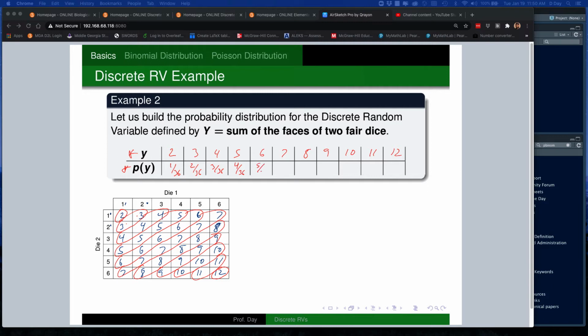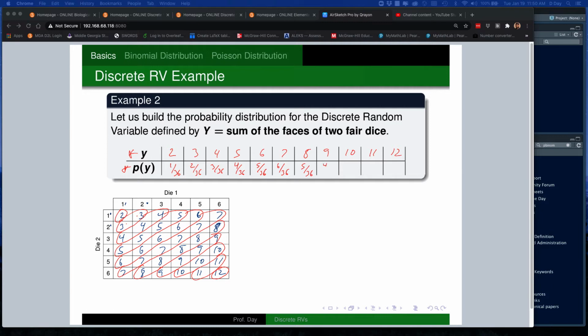5 sums of 6 out of 36. We got 6 sums of 7 out of our 36. 5 of the sum of 8, let me write that correctly here, 5 out of 36. And it goes down.